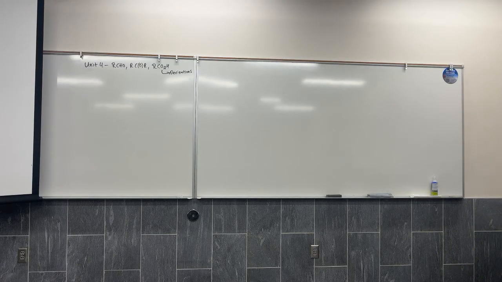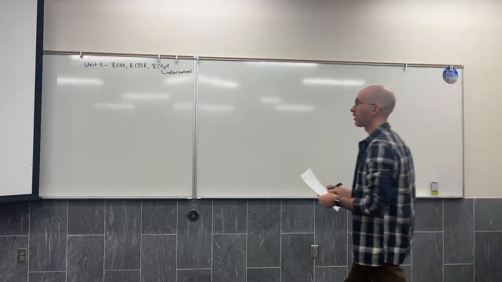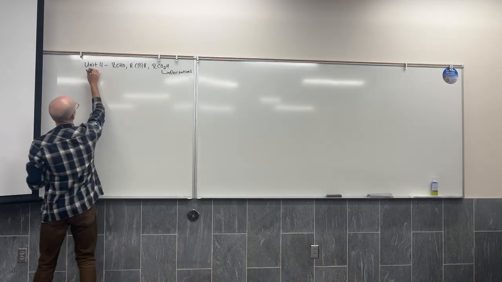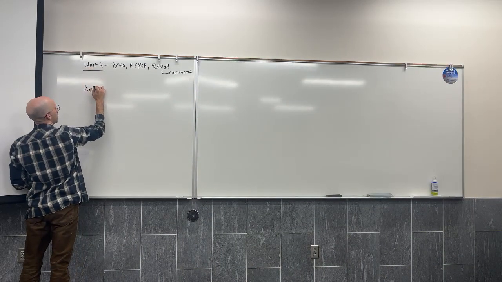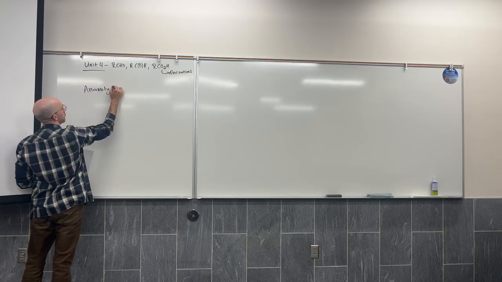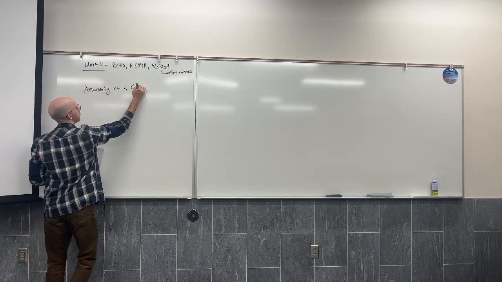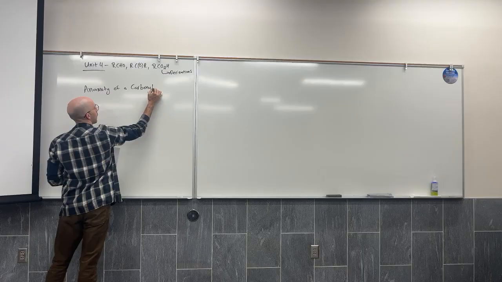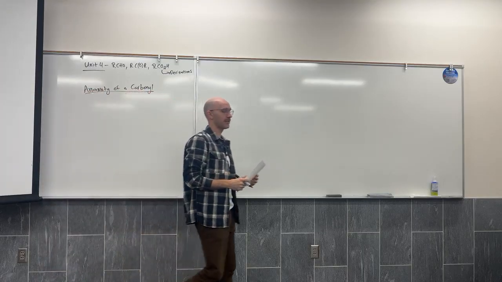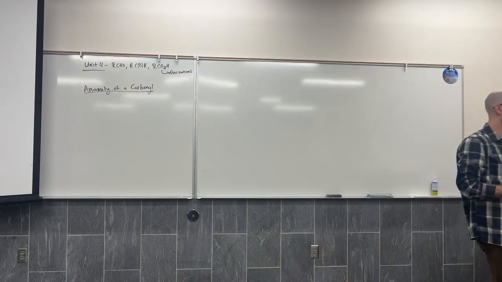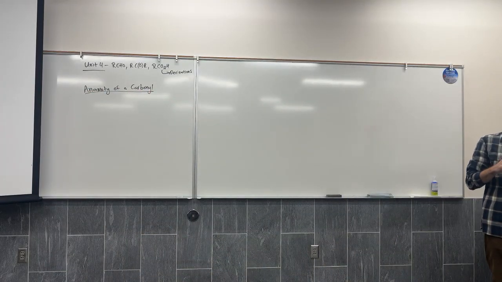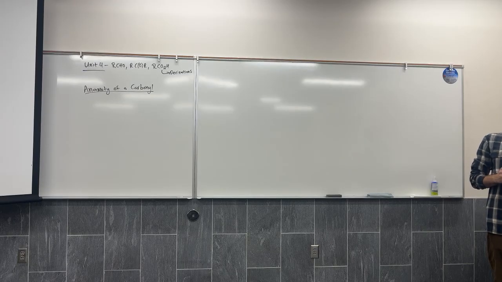I want to start off this unit by talking about what I call the anatomy of a carbonyl. And I'm not a biologist, so I may be using the word anatomy wrong. I actually don't know. But the composition, the names that we give to the different parts of the carbonyl structure.